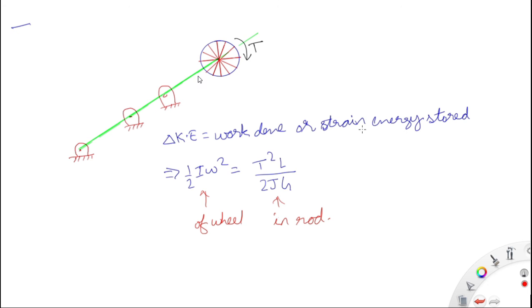L is the total length of the rod, J is the polar moment of inertia about the neutral axis, because polar moment of inertia J is Ix plus Iy, and G is the modulus of rigidity. So change in kinetic energy of the wheel is equal to the strain energy stored in the rod. Okay, so thank you.